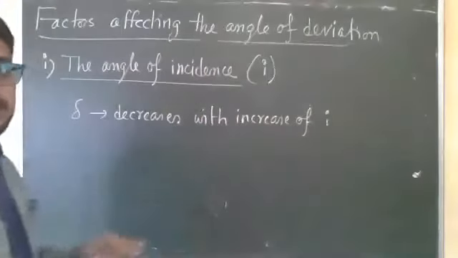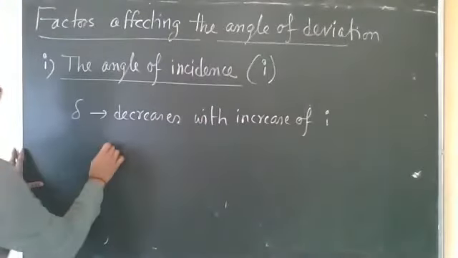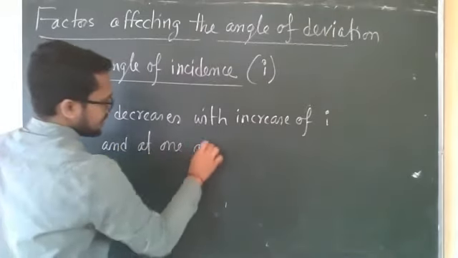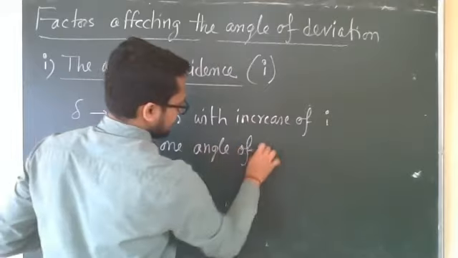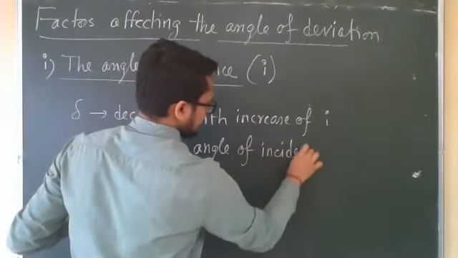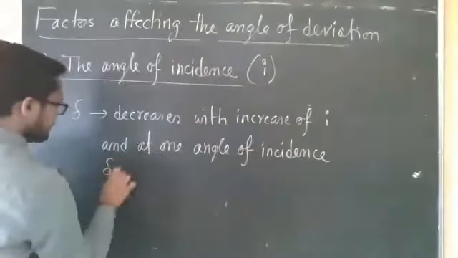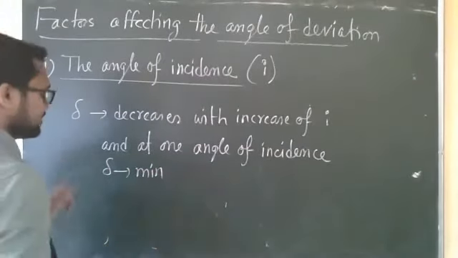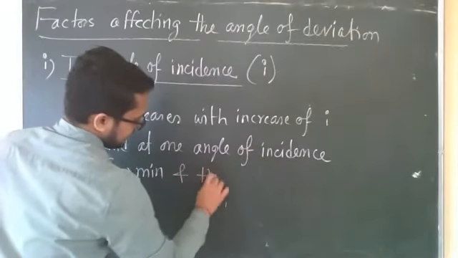Initially delta decreases, and at one angle of incidence delta will be minimum. That is minimum deviation. And then again it increases.